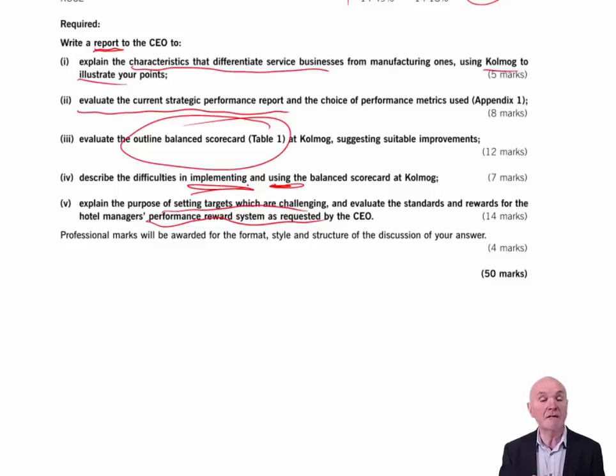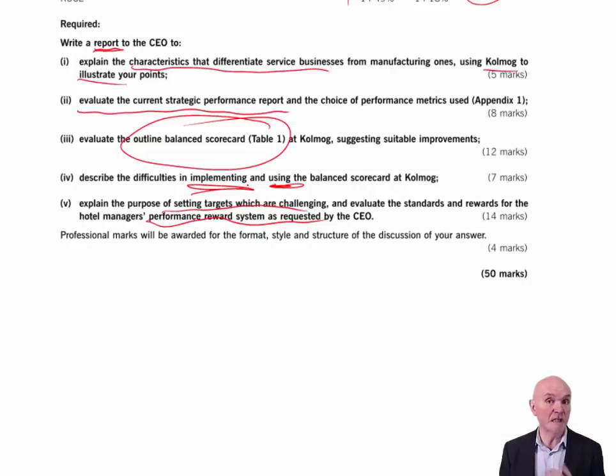So we choose carefully what we're going to measure, and then we need to devise a system or mechanism for actually measuring it. So we need to implement effectively a reporting system. We can't just hope, if you like, that this innovation and learning or internal business perspective or whatever it's going to be is going to be measured automatically just because we said.